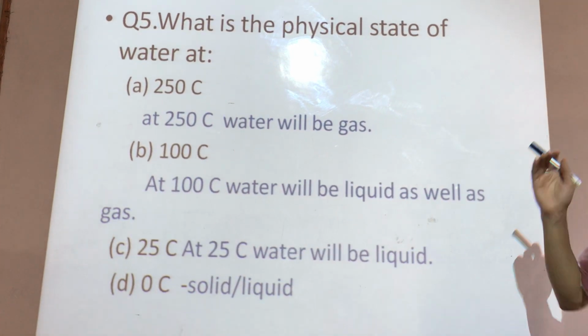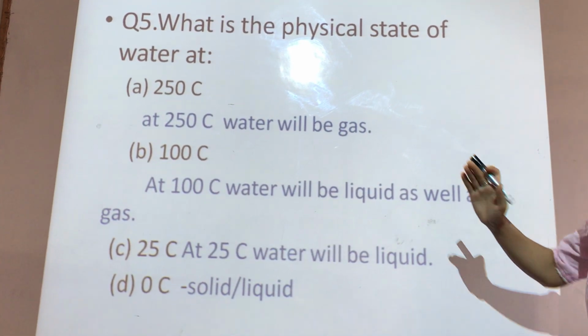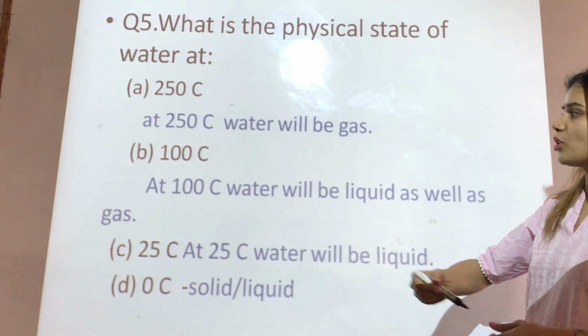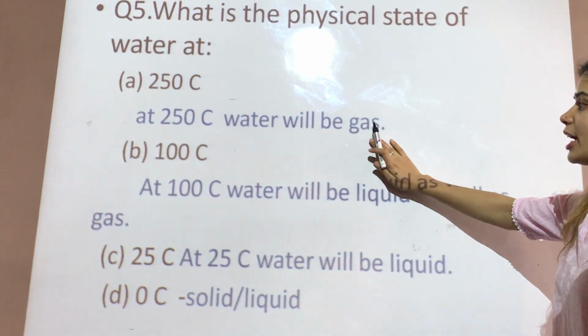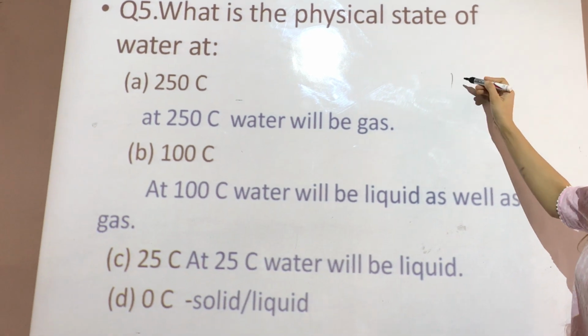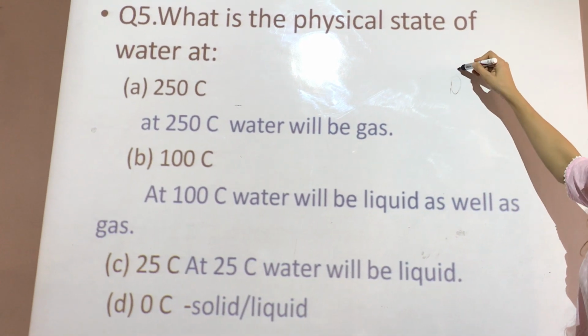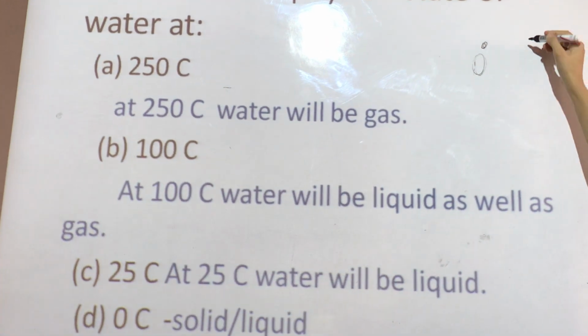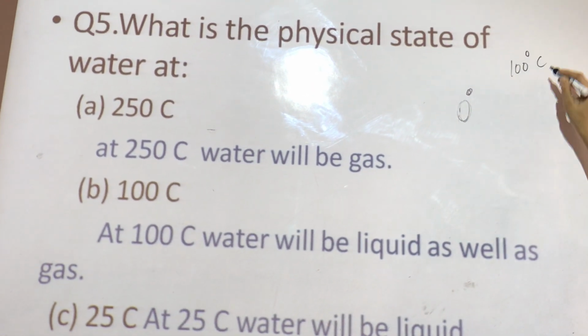Now children, you have to tell what is the physical state of water at these temperatures. What is the physical state of water at 250 degrees Celsius? We know that the melting point of water is 0 degrees Celsius and the boiling point is 100 degrees Celsius.